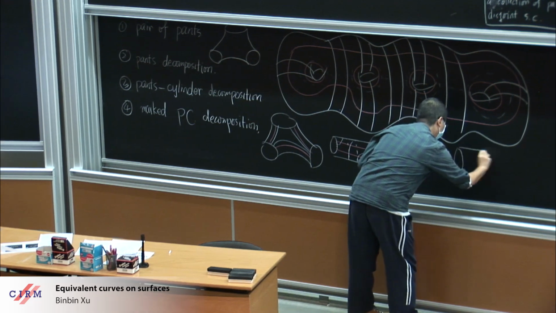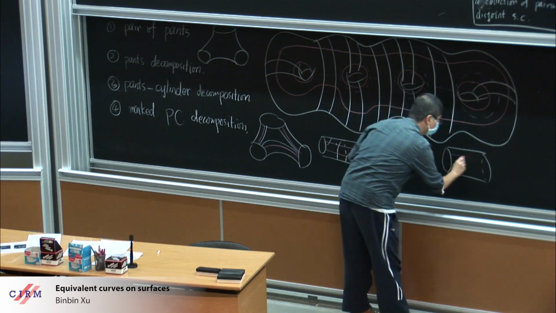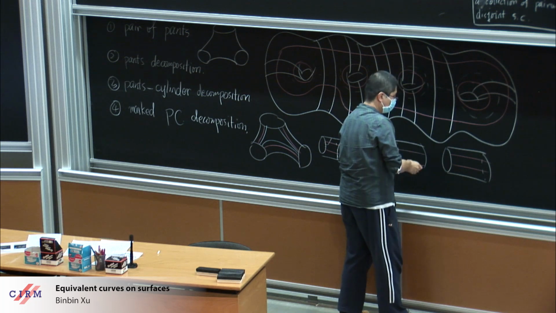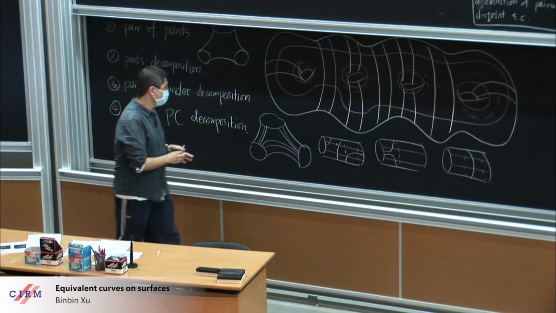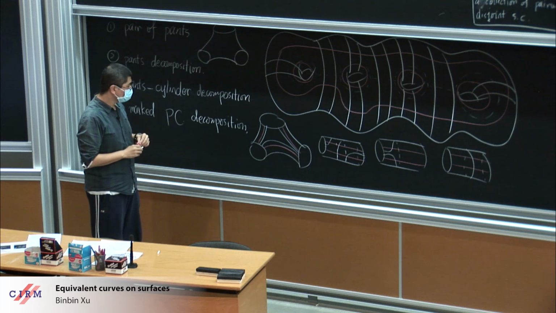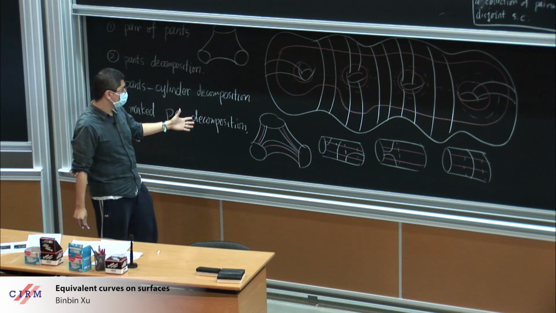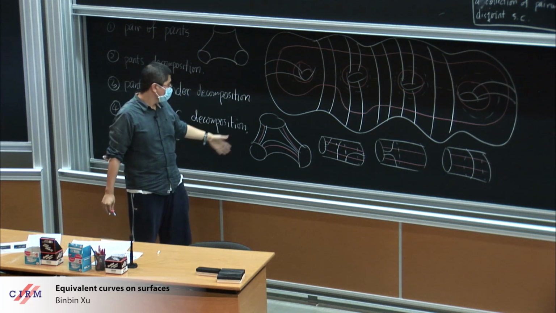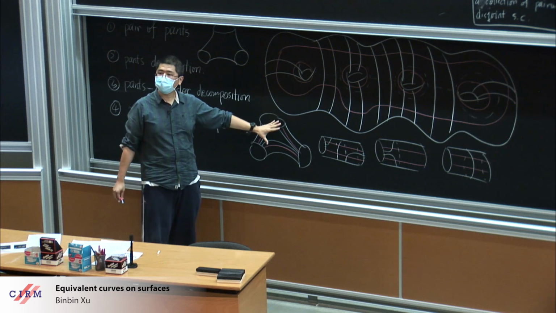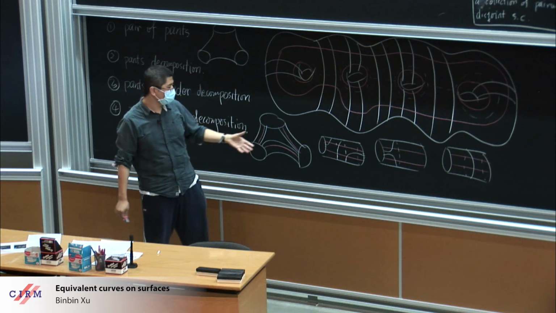And if you are lucky and the curve you choose is one of the pants curves, then the curve will just be like this. So basically what we are asking is to make sure any curve we are considering goes transversely to each pair of pants, and to put all the difficulty of tying the curve into the cylinder.